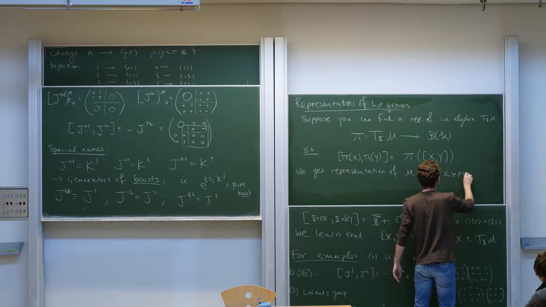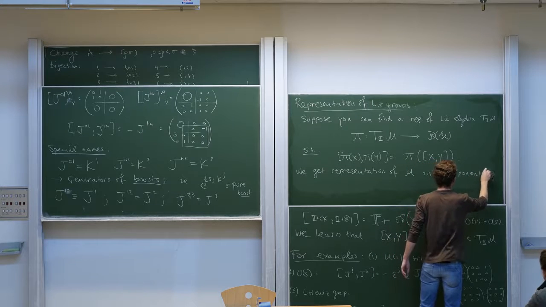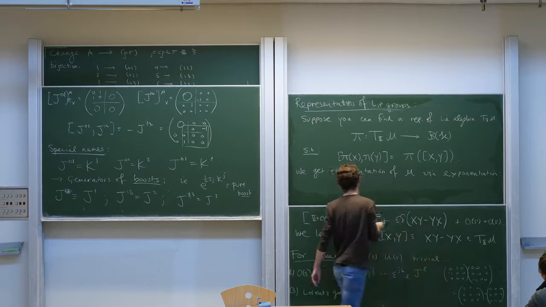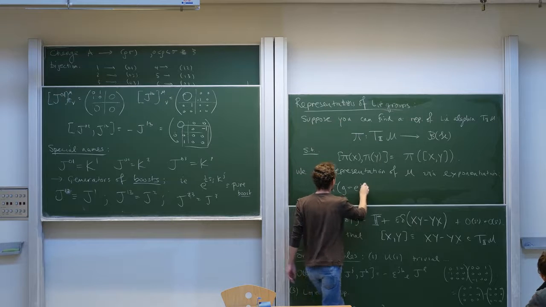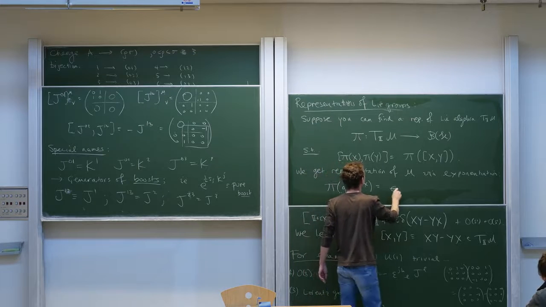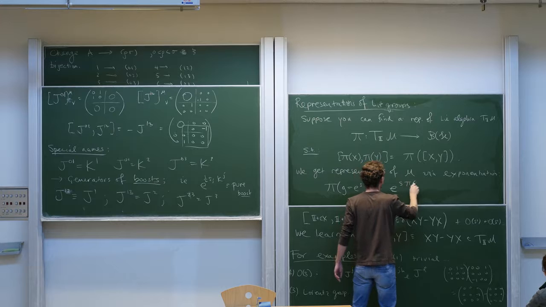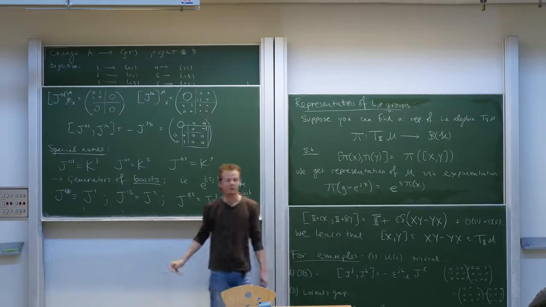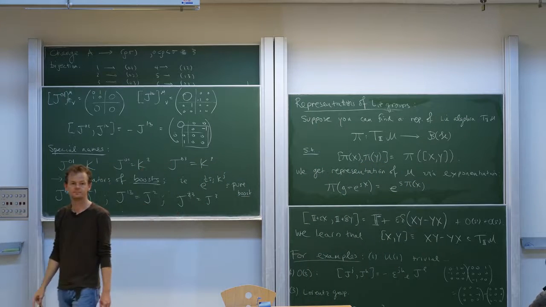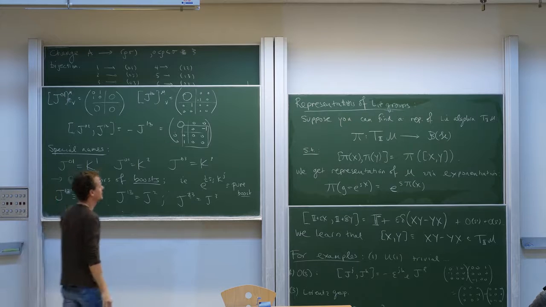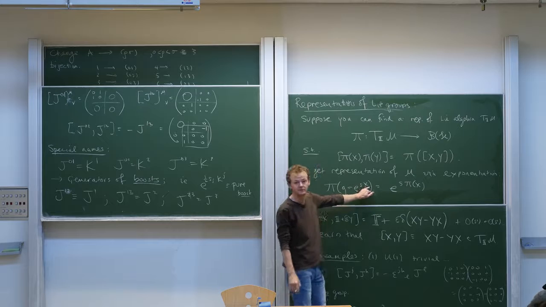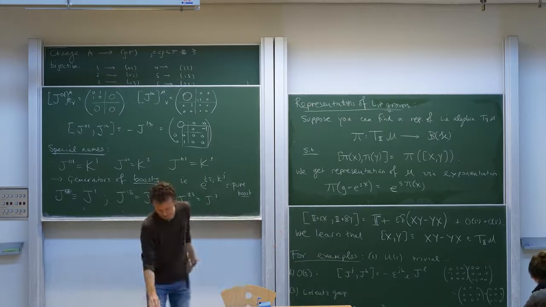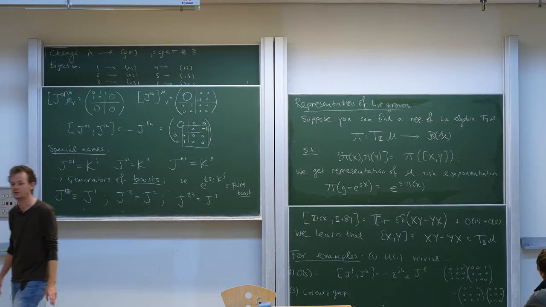I mean, everything is continuous. And we get a representation for the full group just by exponentiating the representations. So this is the fantastic thing about Lie algebras and Lie groups.